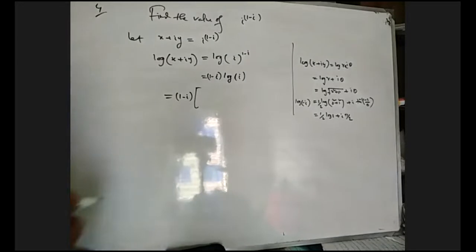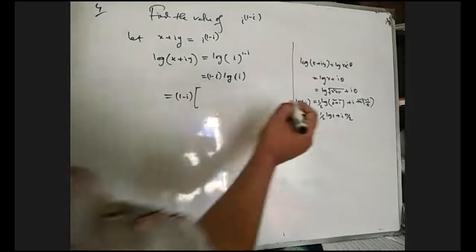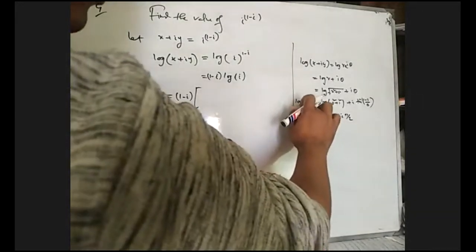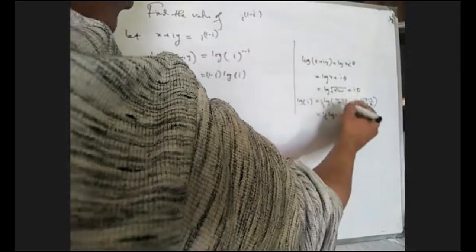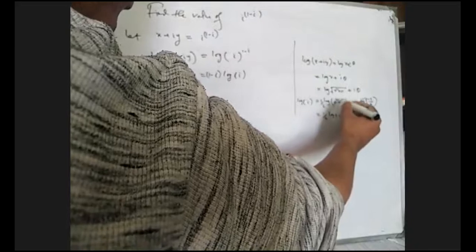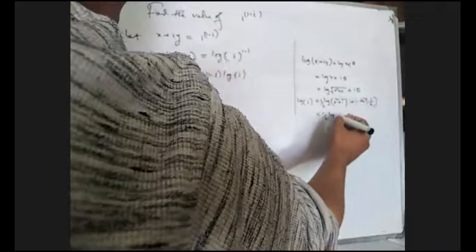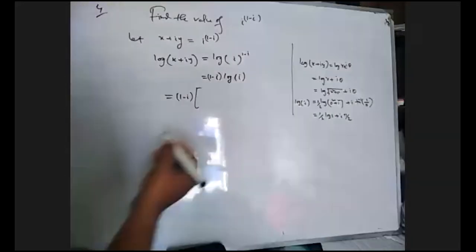Log I equals half log of 0 square plus 1 square, plus I tan inverse of 1 divided by 0. That means half log 1 plus I pi by 2.